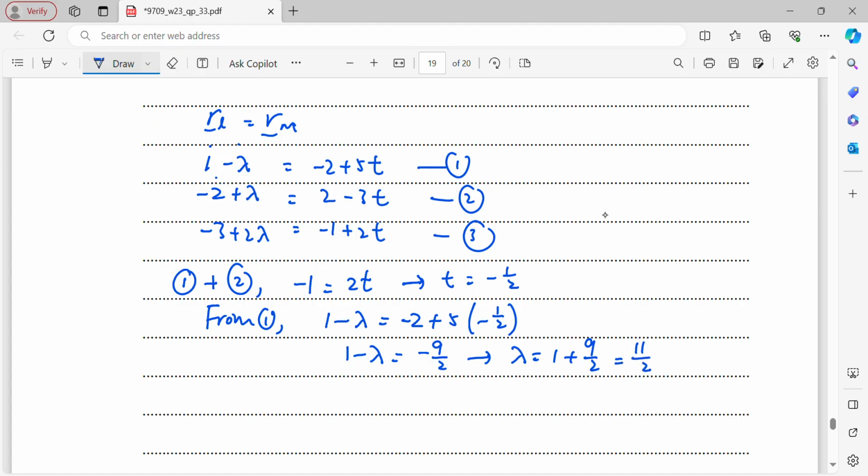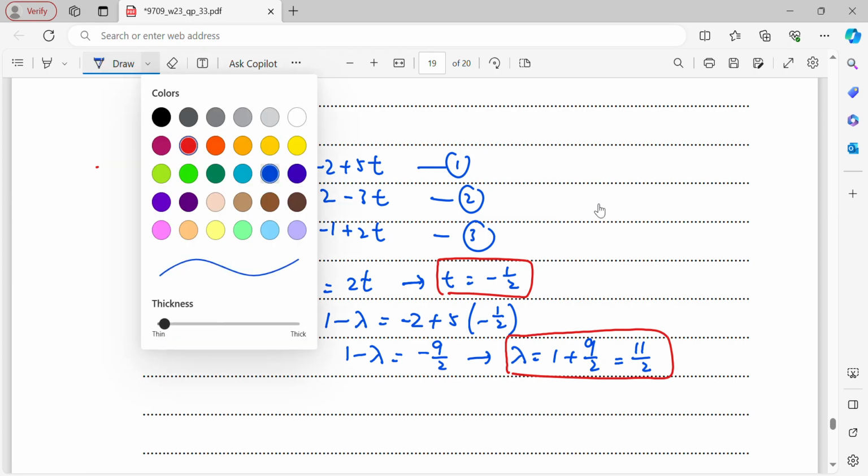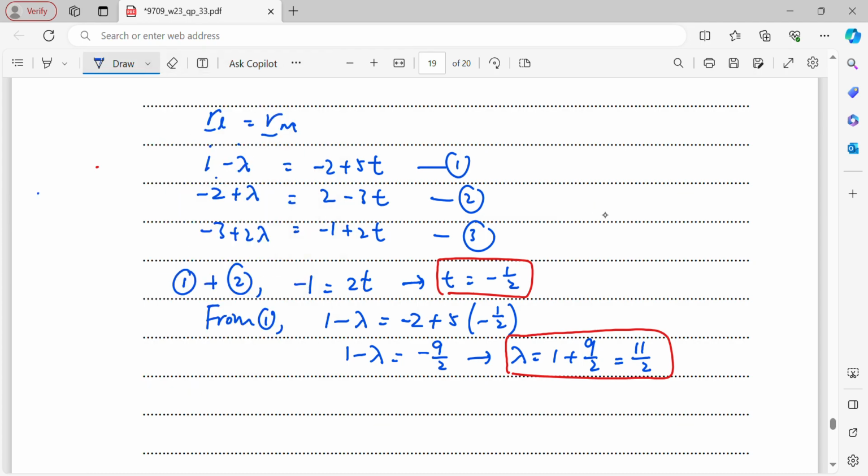Okay, so once we have found the t and lambda, I have to substitute them into the third equation to check the left and right side separately. From the third equation, my left hand side is going to be -3 plus 2 lambda, so this is going to be 8.